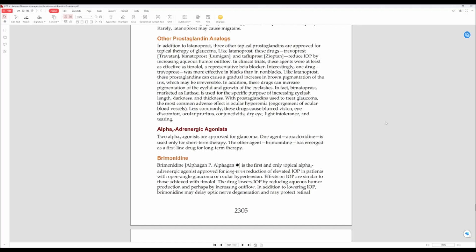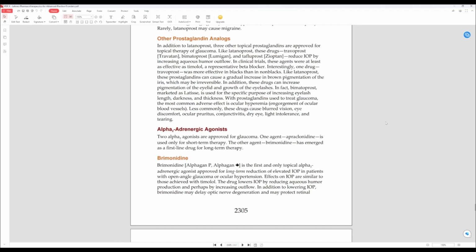With prostaglandins used to treat glaucoma, the most common adverse effect is ocular hyperemia, which is the engorgement of ocular blood vessels. Less commonly, these drugs cause blurred vision, eye discomfort, ocular pruritus, conjunctivitis, dry eye, light intolerance, and tearing.